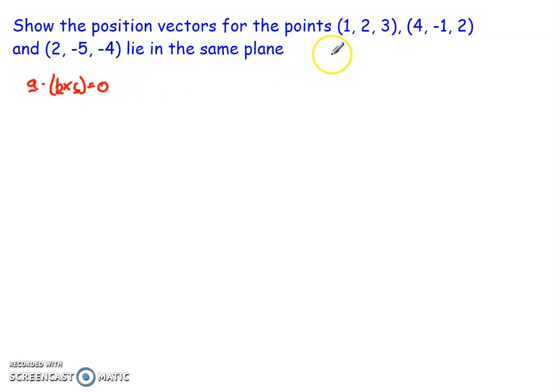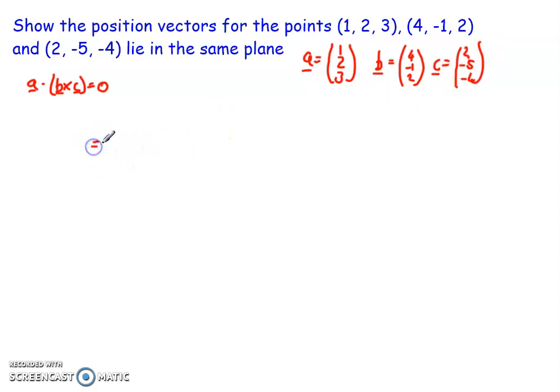So let's do that now. So position vectors, let's call A as 1, 2, 3. Let's call B 4, negative 1 and 2. Let's call C our final one, which is 2, negative 5, negative 4. Plug them in the matrix we know for a triple scalar product. So we've got 1, 2, 3, 4, negative 1, 2, 2, negative 5, negative 4, plus, minus, plus, and then work through the process.